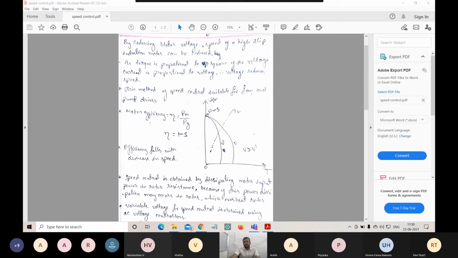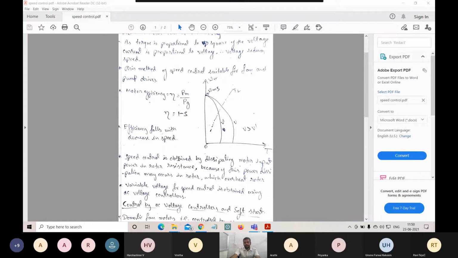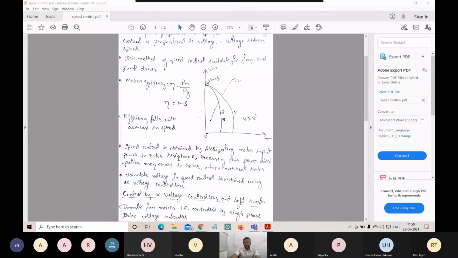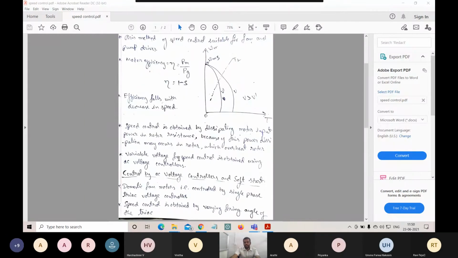We have the speed and torque relationship, where the speed is reduced by reducing the torque. Similarly, here the speed is reduced by reducing the efficiency of the motor. If you decrease the efficiency, automatically speed decreases, or vice versa. If the speed of the motor decreases, the efficiency of that particular motor also decreases.